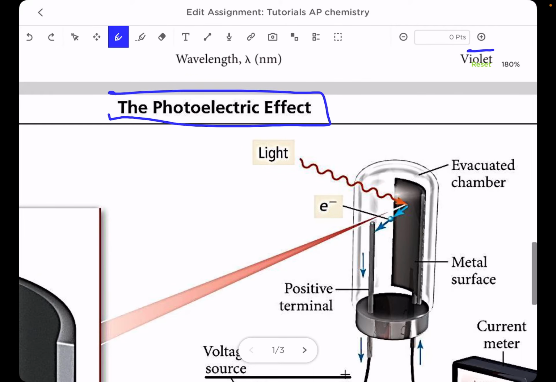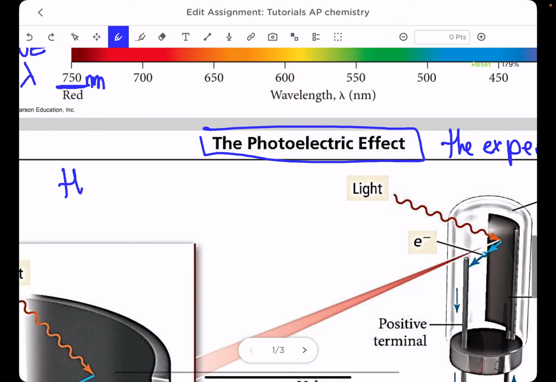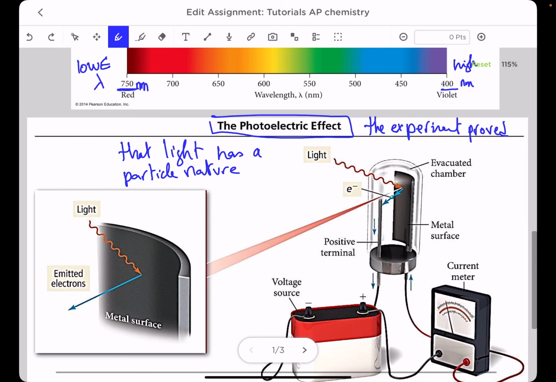The name of the experiment is the photoelectric effect. The photoelectric effect is the experiment that proved that light has a particle nature, not only a wave nature.